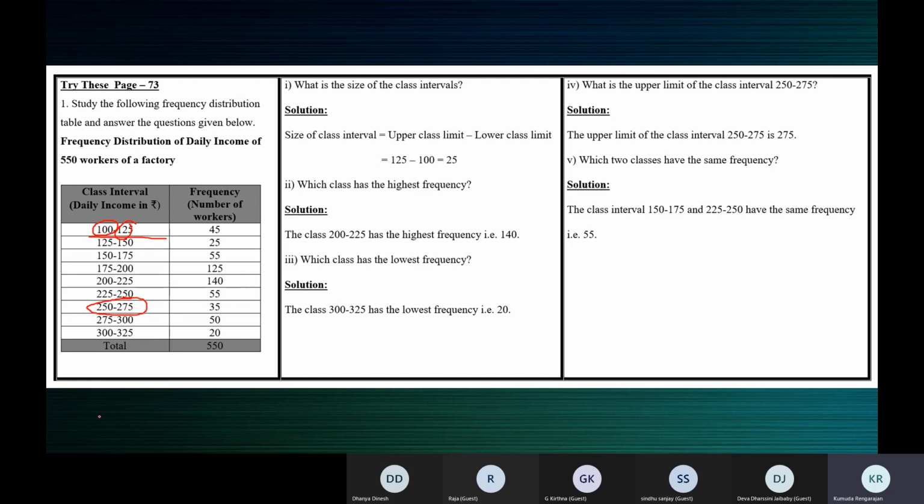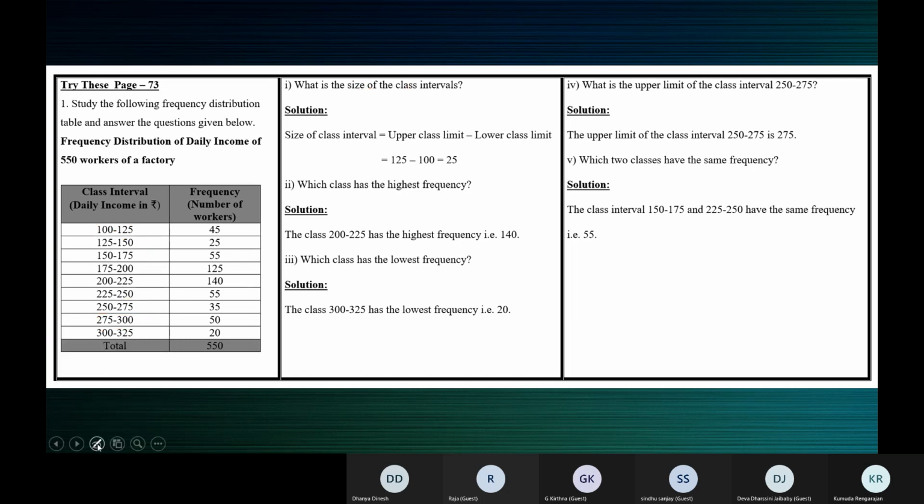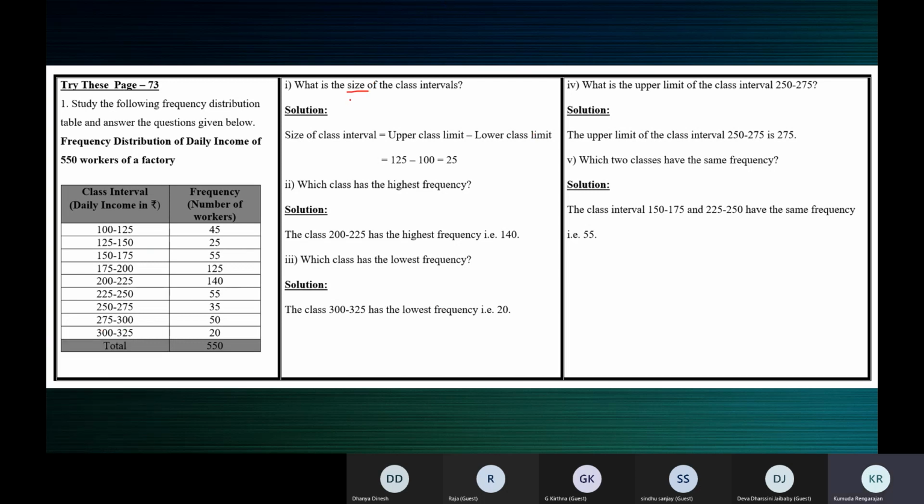It's also called the width of a class interval. Size is also called width, W-I-D-T-H.